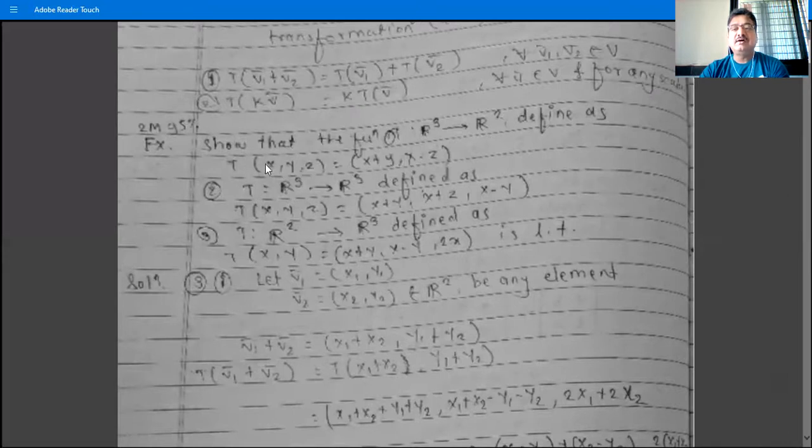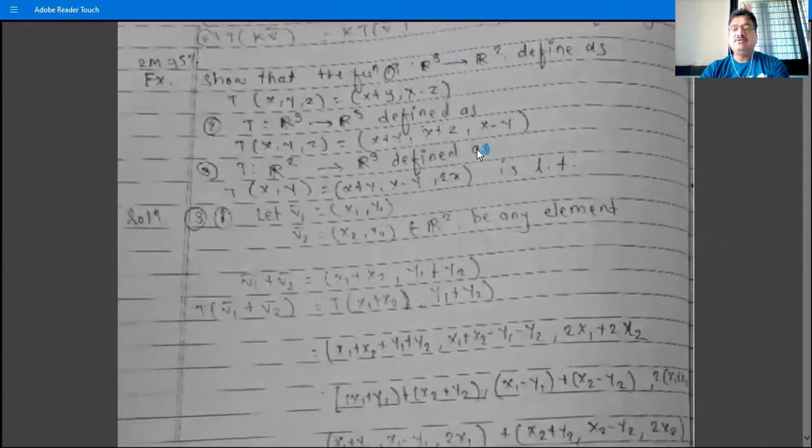Here (x,y,z) is an element of R cube, obviously a three tuple, and (x plus y, x minus z) is an element of R square, an ordered pair. So this is a function from R3 to R2, and we have to show this function is a linear transformation. Similarly, there are two other examples.